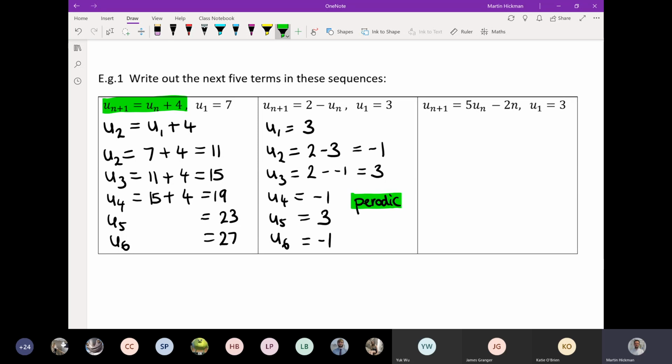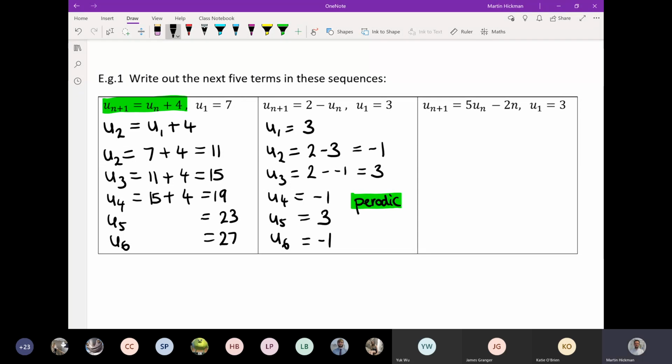You might see that term come up. This is a periodic sequence of order 2, because there's just 2 numbers that it alternates between. Some periodic sequences, we saw one in the lesson on Friday, could go 1, 2, 3, 4, 1, 2, 3, 4, 1, 2, 3, 4. That would be a periodic sequence of order 4, for example.